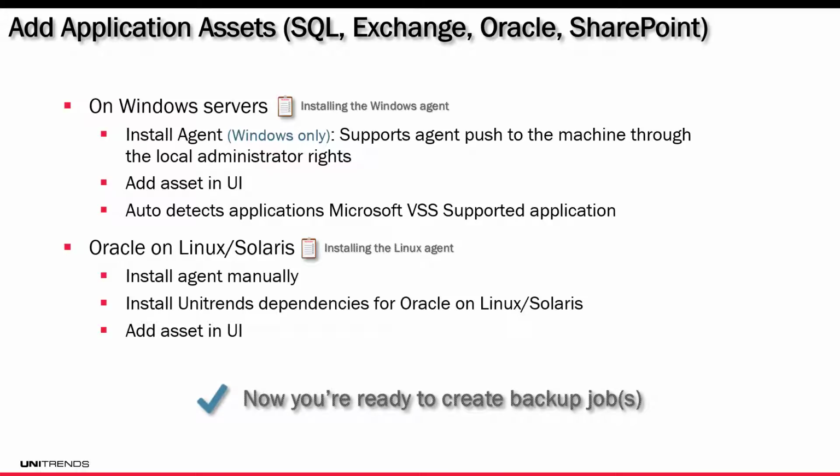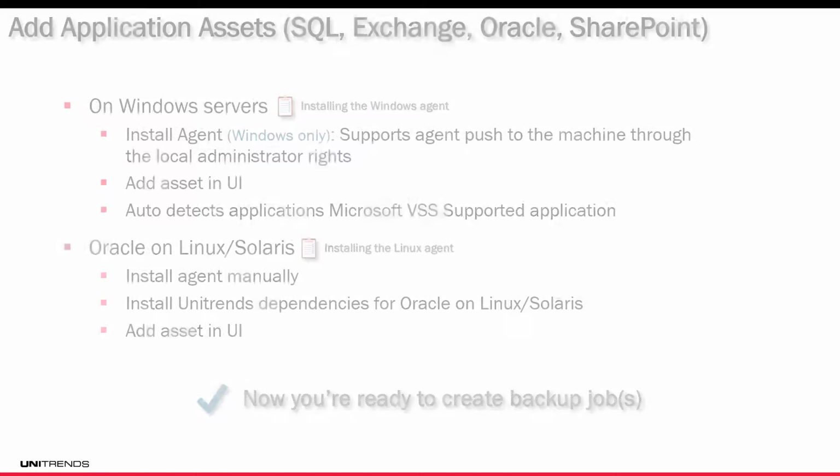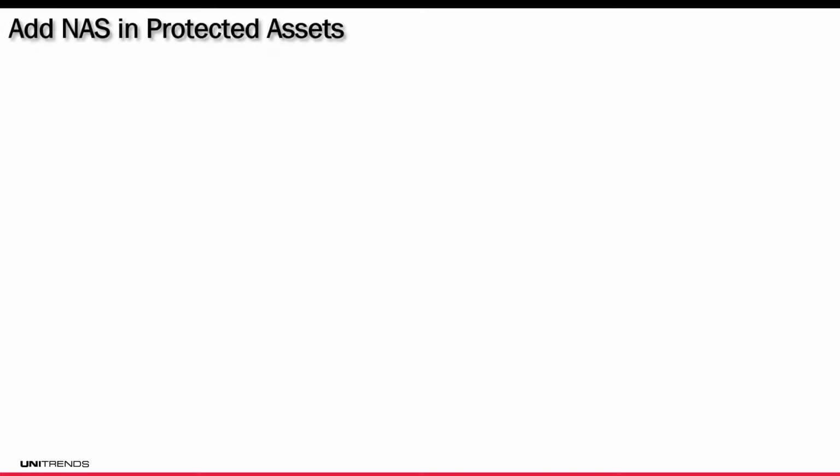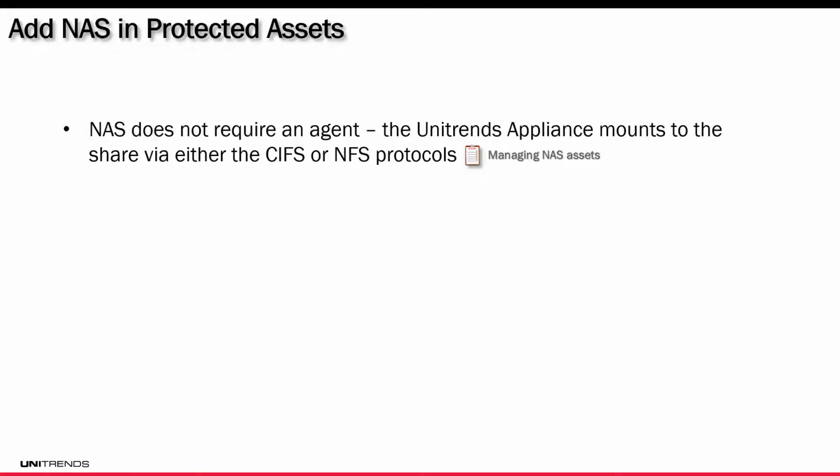Once again, once you make those connections to the assets, depending on the asset type, you're now ready to start creating those backup jobs. We talk about adding NAS in the protected assets area. The NAS does not require an agent. The Unitrends appliance mounts to the share via either a CIFS or NFS protocol and also NDMP.